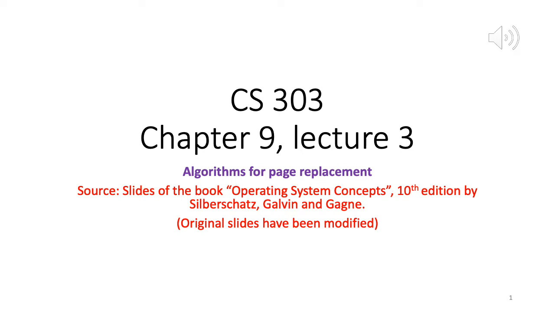Right. So in the previous lectures we discussed page replacement. So what exactly is page replacement and why does it occur? The issue here is that we may have a scenario in which we have overcommitted our memory.